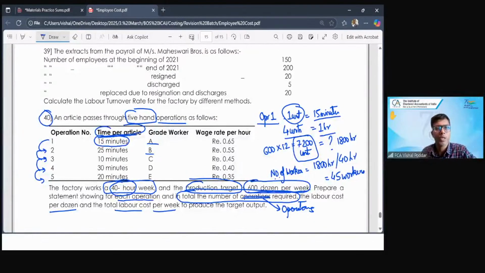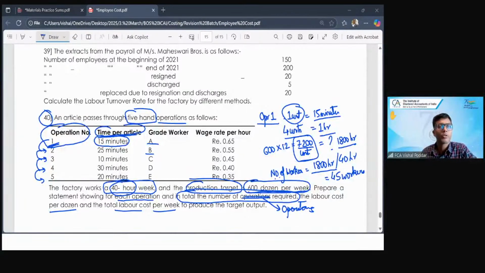In other words, in operation number 1, if I have 45 workers, each worker working 40 hours because the week is of 40 hours, how many hours of work will I get with these workers? The work which I'll get with these workers is of 1,800 hours. And from 1,800 hours, I will get the output of 7,200. So this is how I will reach the number of workers.